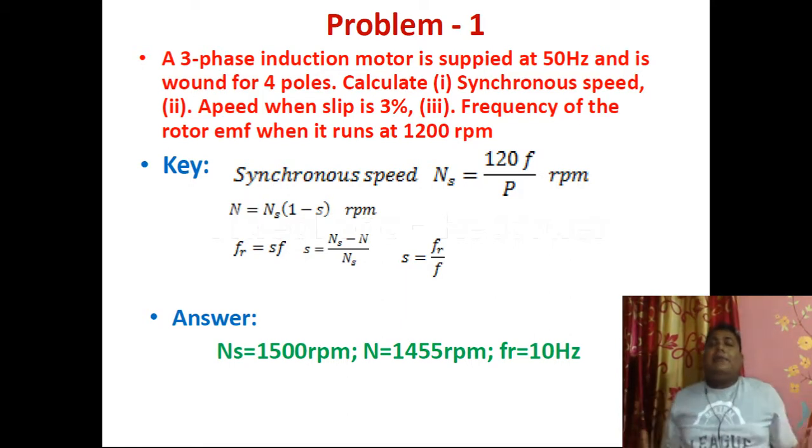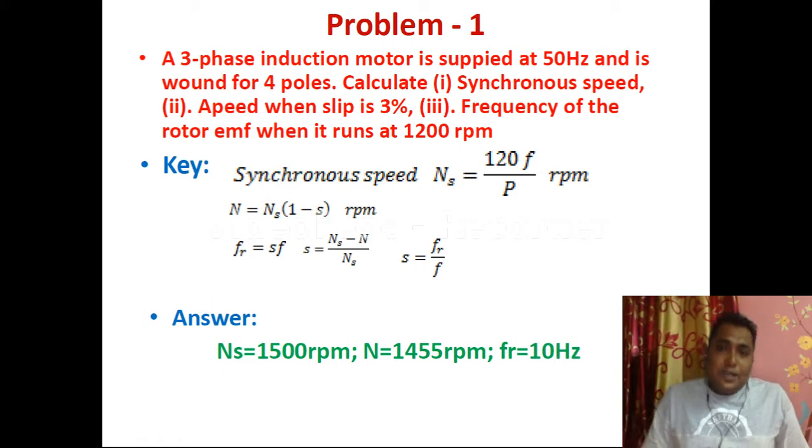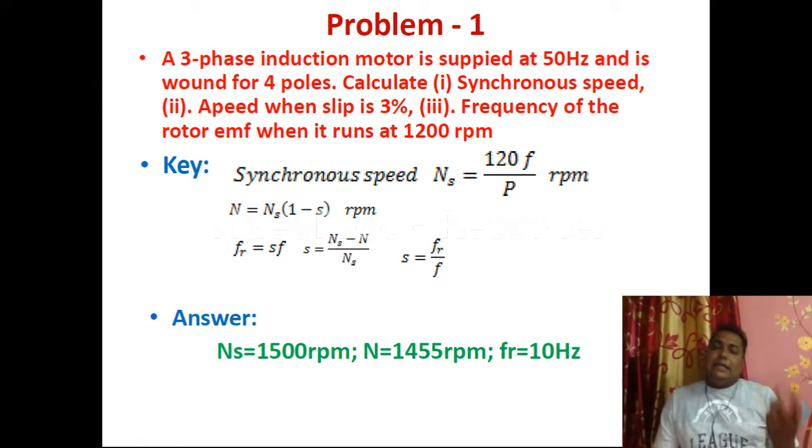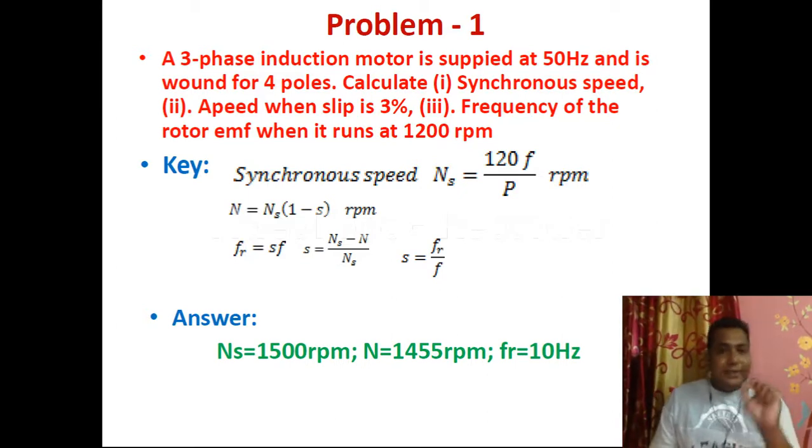So very carefully think which values are given and what things we have to find out. It is told that the supply frequency is 50 Hz, so F is given, and it is wound for 4 poles, so P is given.